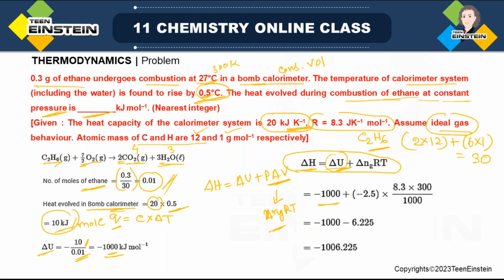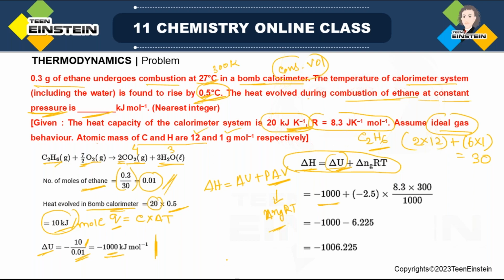But we just know what the del U value is. Why is it so? Because del U is associated with constant volume, and here we are considering a bomb calorimeter, which is all about constant volume. So the value of Q that you are getting is for constant volume, but we need it for constant pressure.